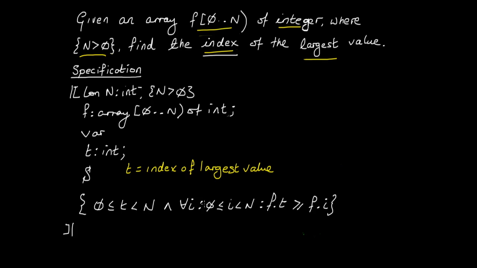The next thing we need to do is write down an invariant. So to get our invariant, what we're going to do is replace a constant with a variable.